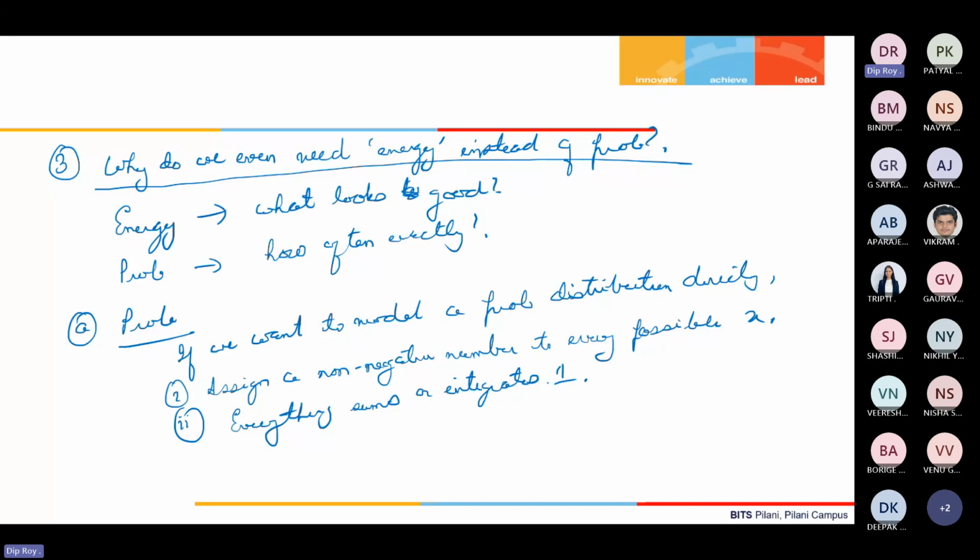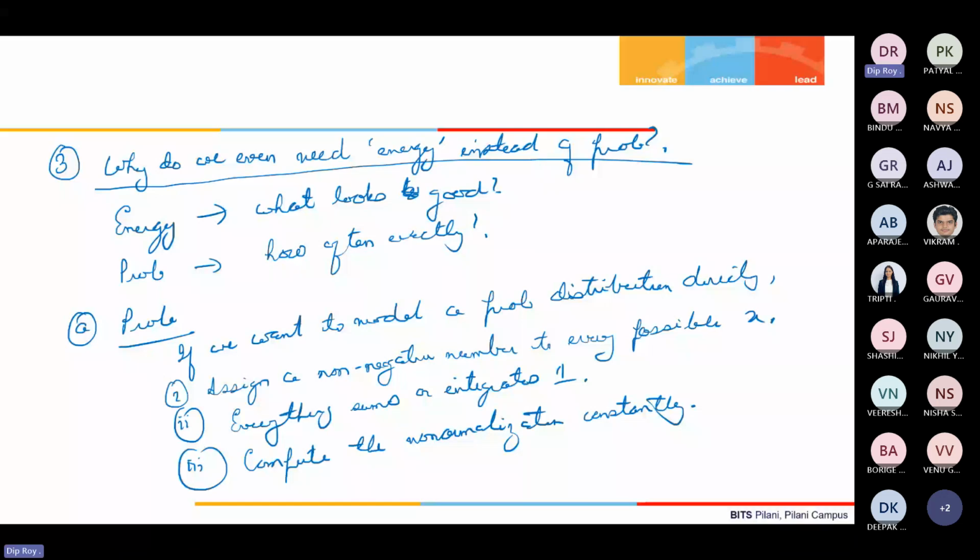And third, we need to compute the normalization constant. These are the three things you have to do when you want to model a probability distribution.